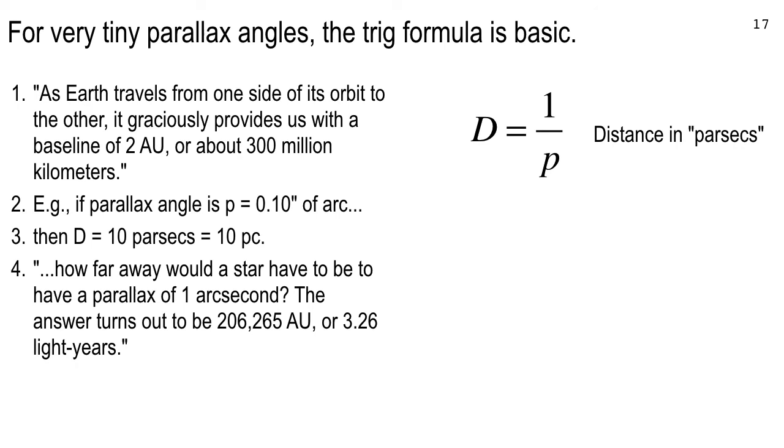But a lot of astronomers would like to park a good telescope up on Mars or one of the other planets, and then they'd have a bigger baseline. And yeah, so for Earthbound observers and the spacecraft that we have up in space, the Gaia and the Hipparcos, it's basically the 2 astronomical unit baseline. But even going out to the moon would be an improvement. Putting a good telescope up on the moon.